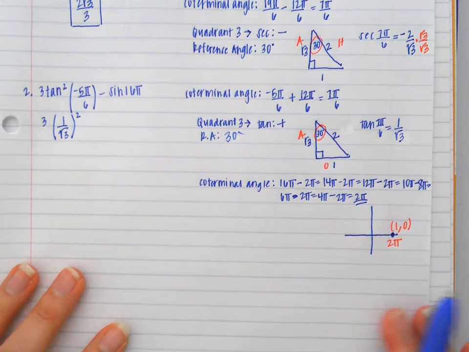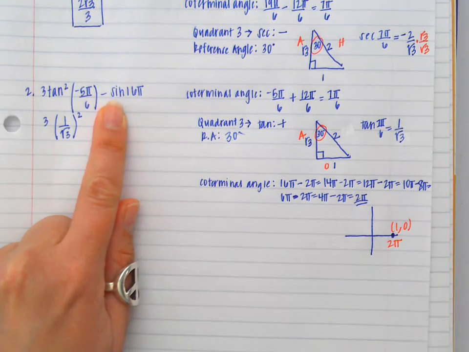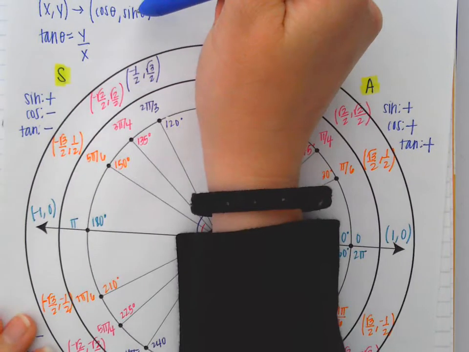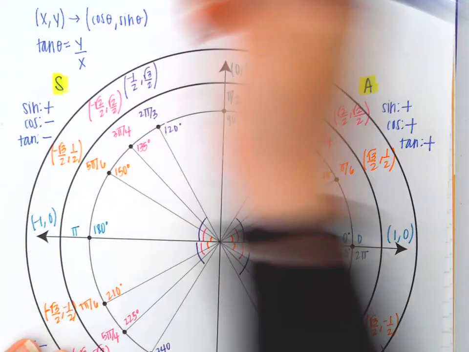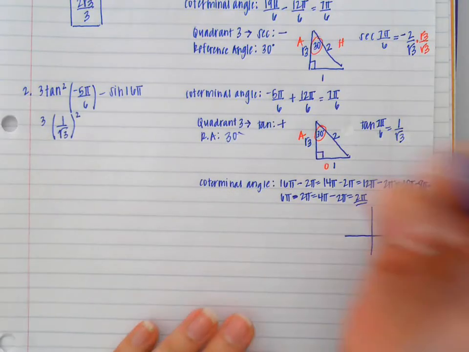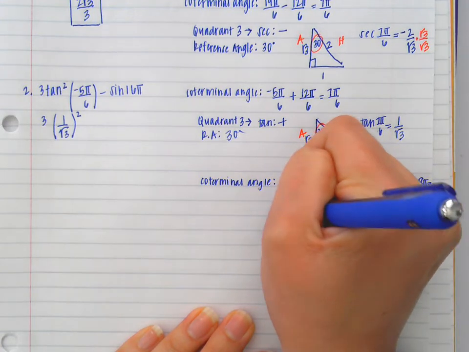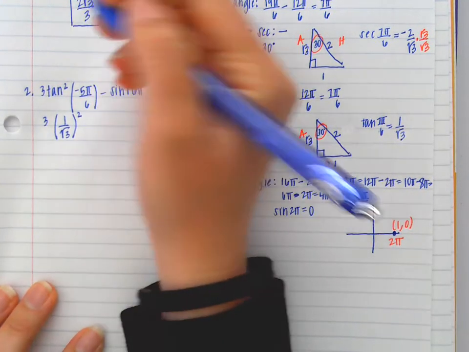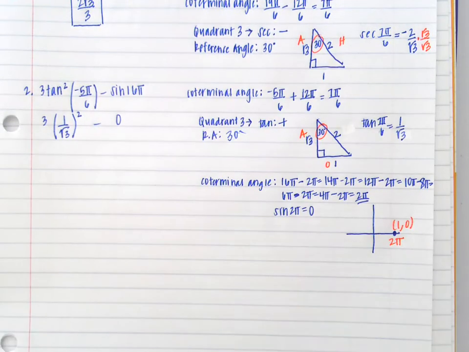And what are we looking at? Sine. Remember, sine is my y value. And so my y value here is 0. So it's just going to be minus 0.